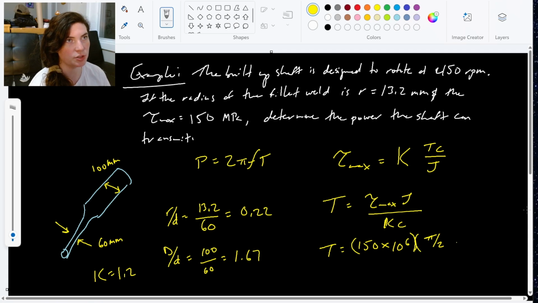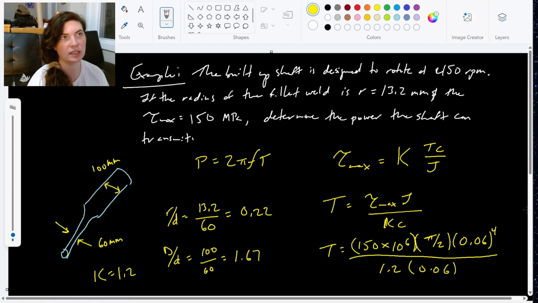So pi over 2 times the radius of the smaller shaft, 0.06 to the 4th, all over that K factor, stress concentration factor of 1.2, times the outer radius again of the smaller shaft, 0.06.